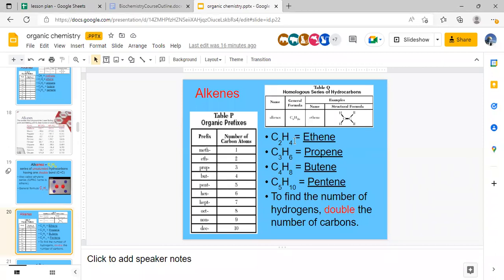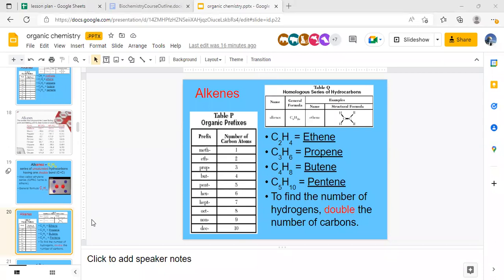Okay? So to find the number of hydrogens, double the number of carbons. Okay. So pag meron kang heptene, iba naman, ano yung formula ng heptene? C7H14 po. Okay, C7H14. That's correct.